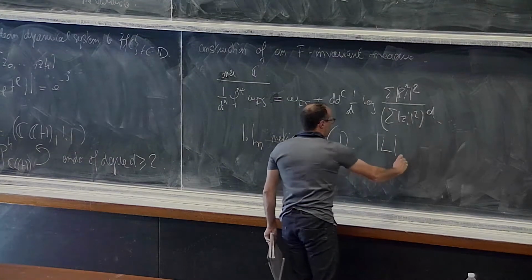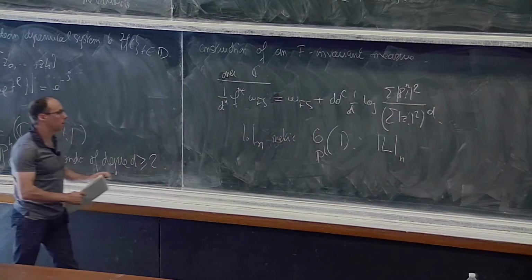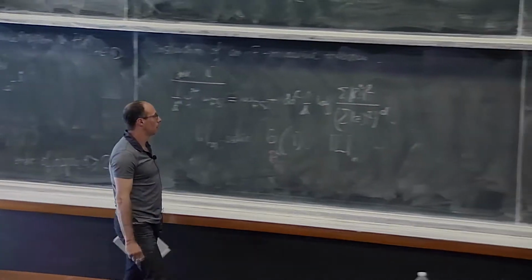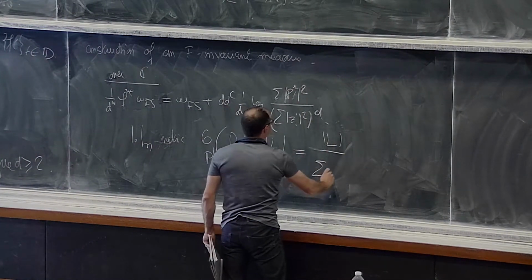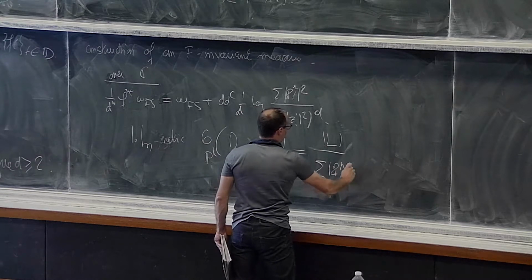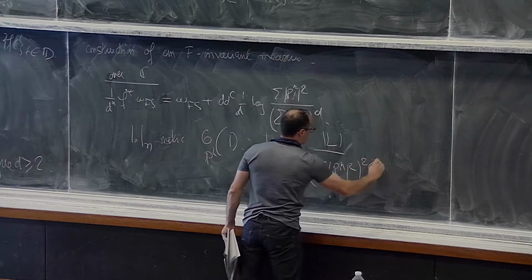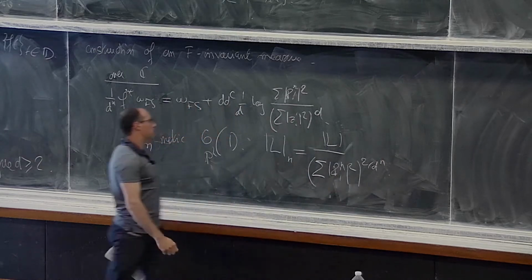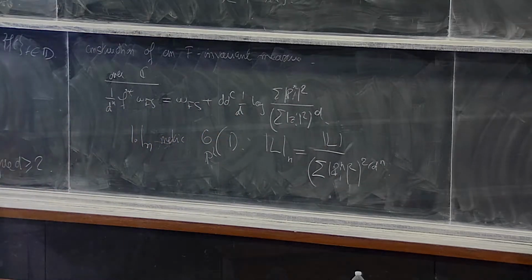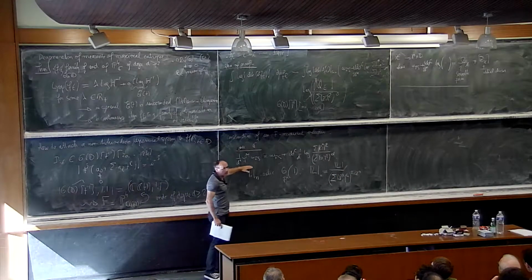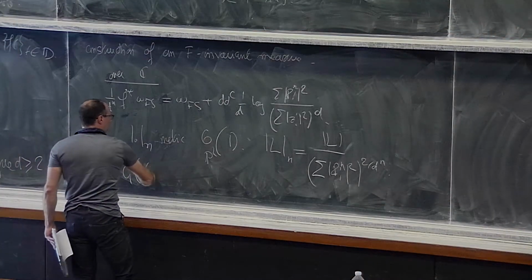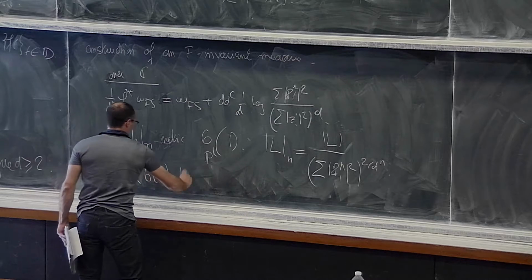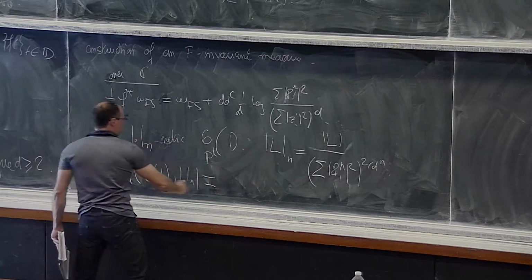A section is just a linear polynomial, and you take the norm of L divided by this quantity here, suitably normalized. If you take the curvature of this metric, you get exactly this 1-1 form, c1 with this metric, exactly this 1-1 form.